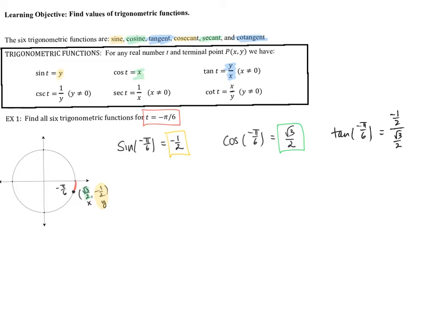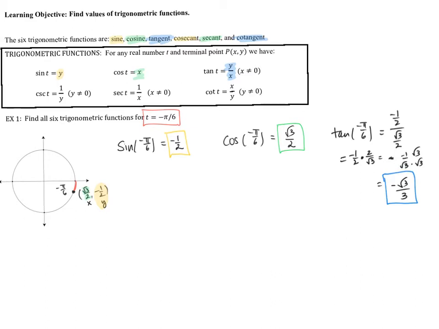Now we have a fraction divided by a fraction, so I'm going to take negative 1/2, and instead of dividing by a fraction, I'm going to multiply by the reciprocal of the denominator. That would simplify to negative 1 over root 3. And then we do need to rationalize that denominator. So that one is negative root 3 over 3. Okay, so there's my tangent.